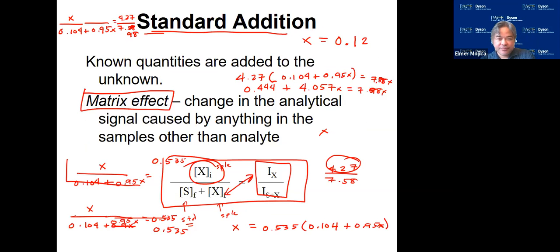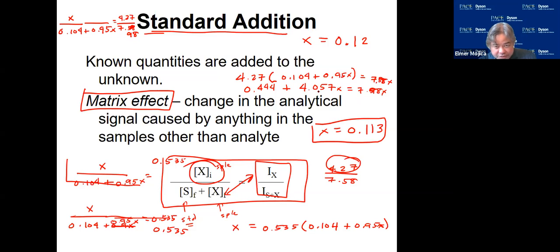So I'm trying to look now. 7.98 minus 4.057 is 3.923. So 0.444 divided by 3.923, the answer is 0.113.